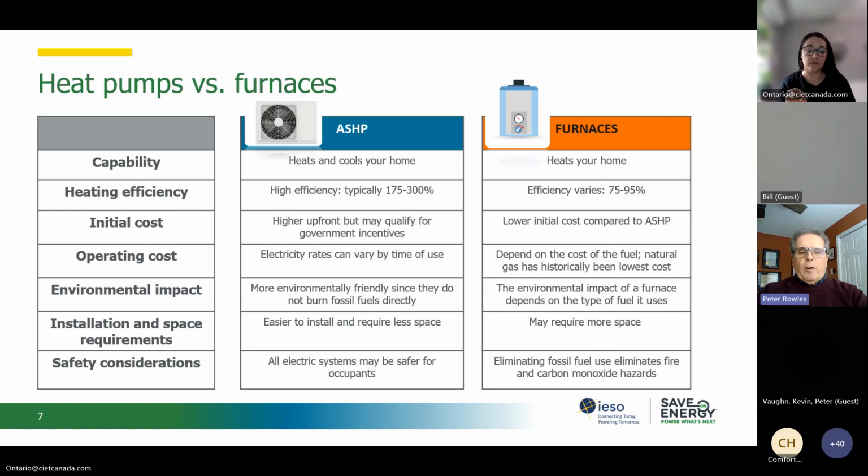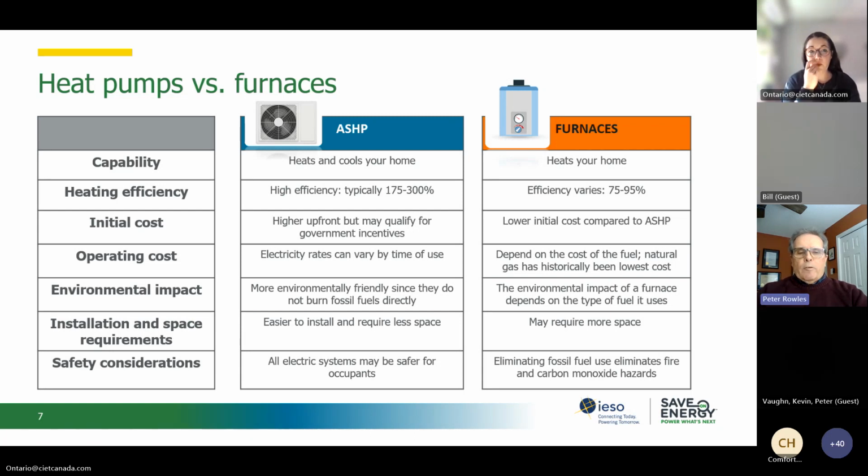Furnaces can also be very efficient, but it's highly dependent on the type of fuel and the availability of technology. Air source heat pumps usually have higher upfront costs compared to traditional furnaces. However, they may qualify for government incentives or rebates. And furnaces typically have a lower initial cost compared to air source heat pumps.